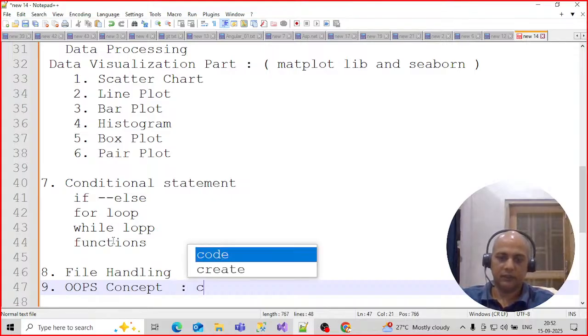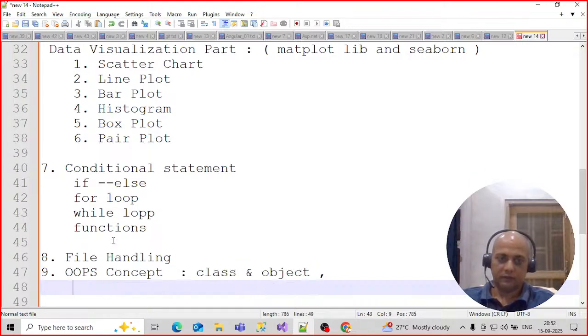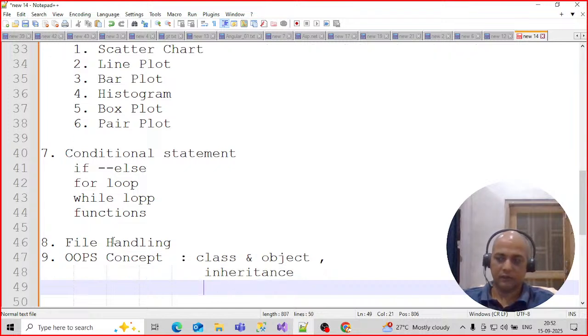There you will study class and object, inheritance, and polymorphism.